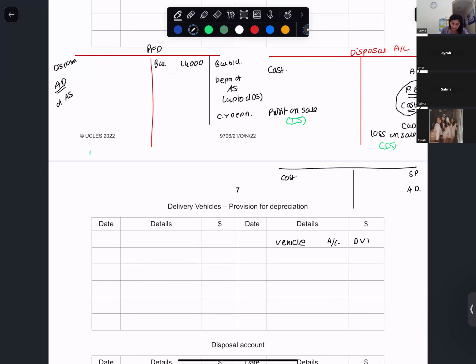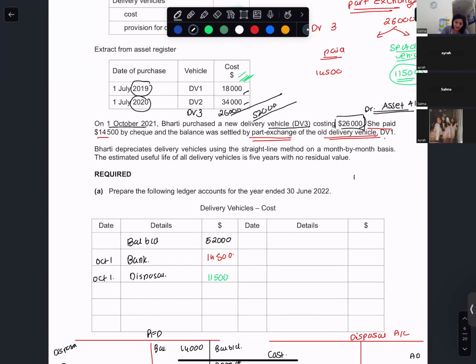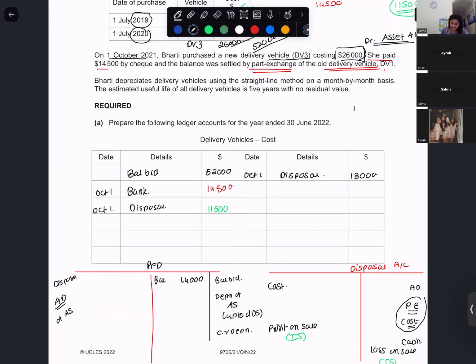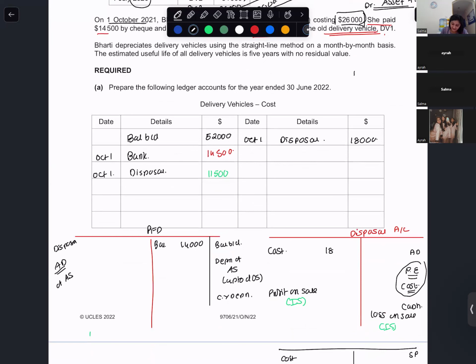DV1, 18,000. 18,000 is the cost of the asset that is disposed. Disposal has happened on October 1. So you come on the debit side. It is disposed for how much?